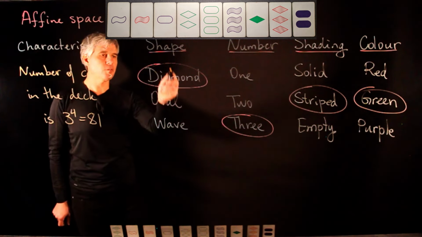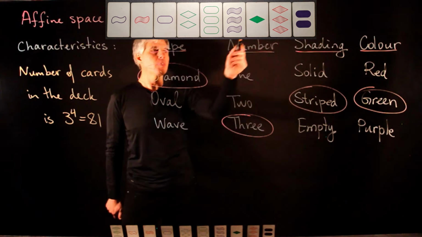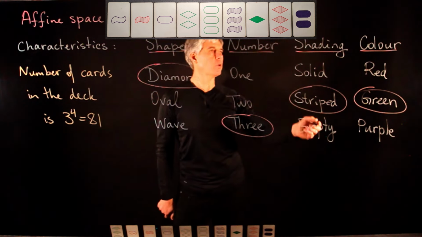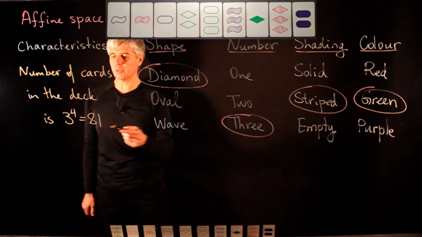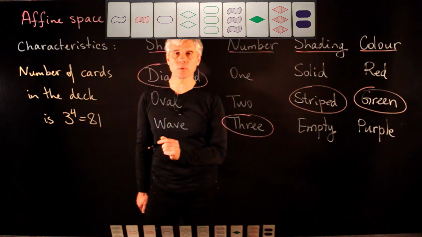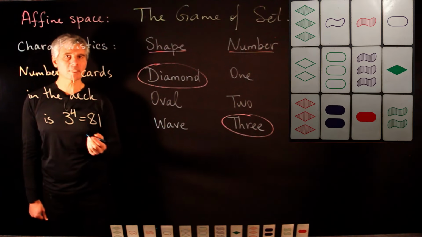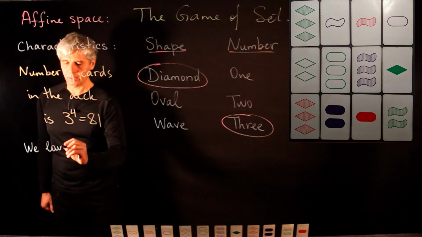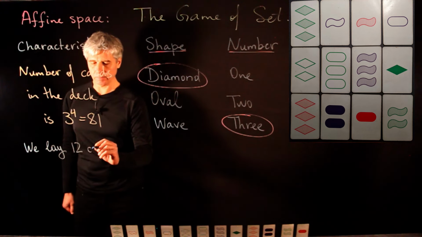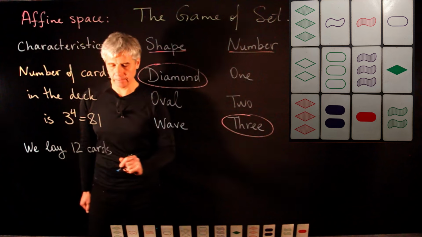Because we have 3 options for shape, 3 options for the number, 3 options for the shading, and 3 options for the color. And so the total number of combinations is 3 to the power 4. So how is this game played? We lay 12 cards out of this deck.